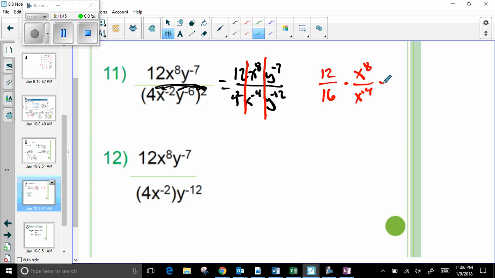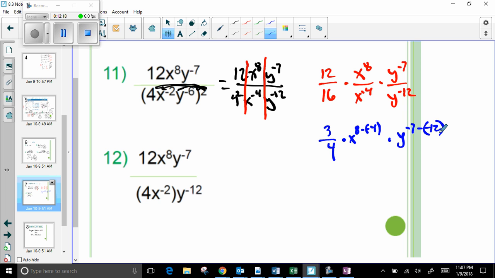And then that's times y to the negative 7th over y to the negative 12th. Each one of these is going to play out differently. 12 over 16 is just like 3 over 4. This right here is x to the 8th minus a negative 4. And then the last one is y to the negative 7th minus a negative 12.